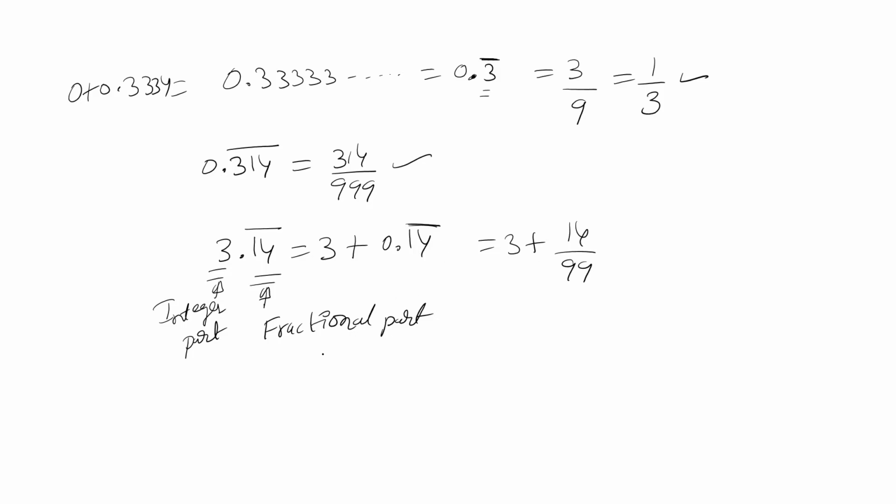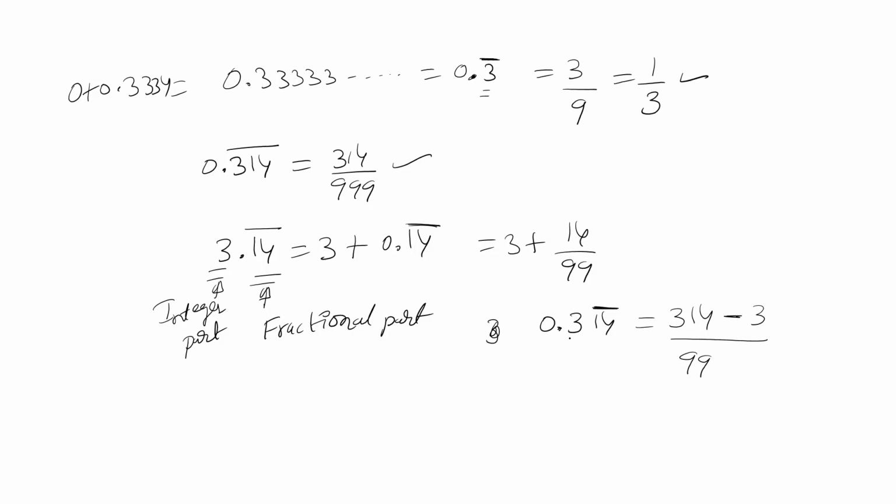Now for example, 0.314 where only 14 has the bar. What we will do is simply take 314 minus whichever part does not have the bar, that is, subtract it from the whole number, divided by as many nines as there are numbers with the bar. 2 numbers, so make it 2 nines.